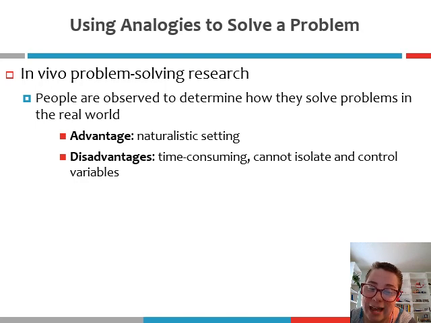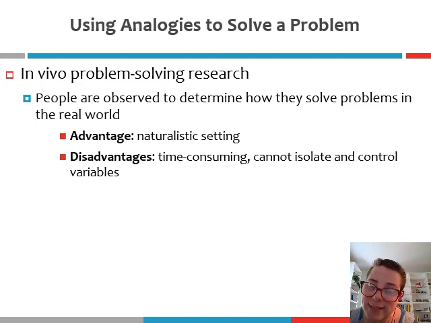So they've looked at, for example, scientists and inventors and watched them as they're engaged in conducting experiments or developing products to see how they solve problems in the real world. The advantage of this is that it's much more akin to how we actually use our cognition, so it has really good external validity.